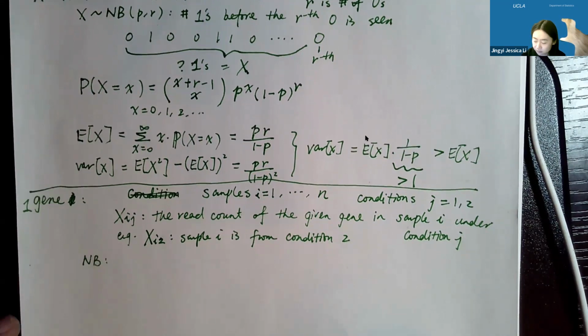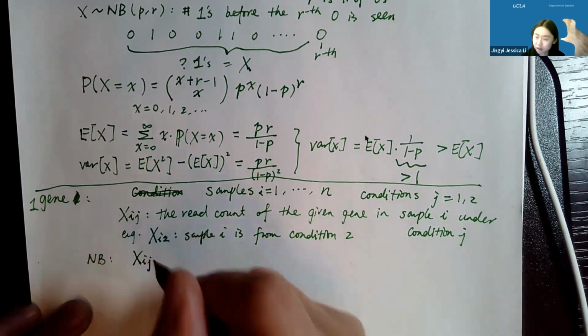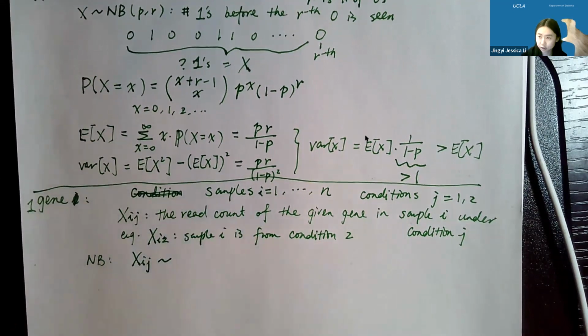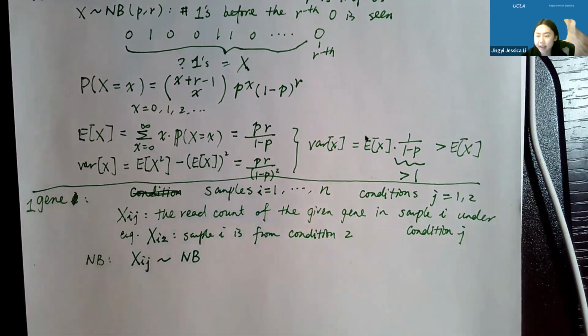So under the negative binomial assumption, let's see how we can do the modeling. We want to assume that the x_ij for this particular gene follows some negative binomial distribution to explain why the counts differ between samples and between conditions.